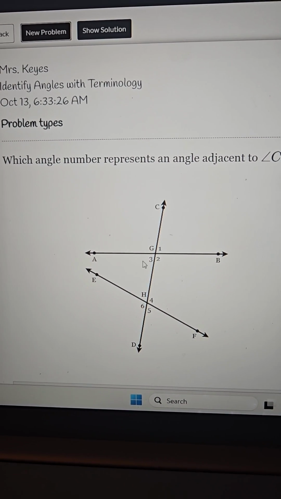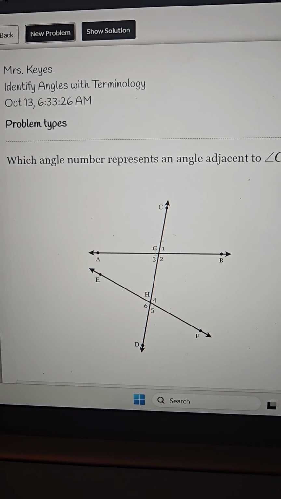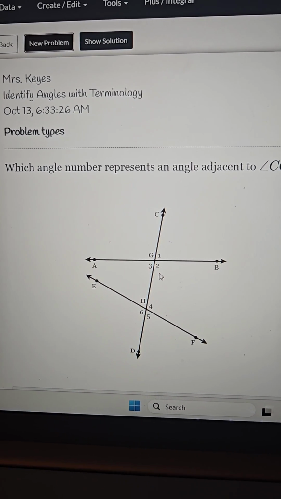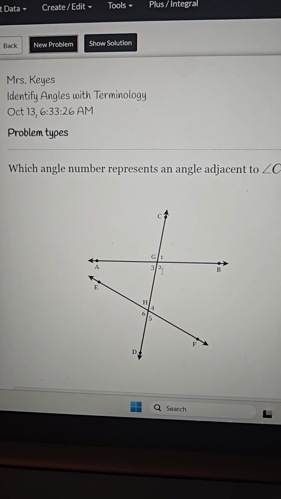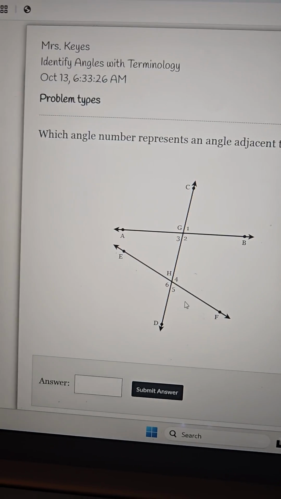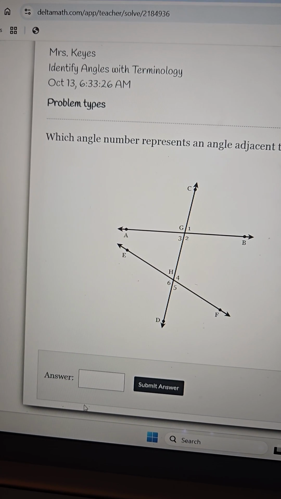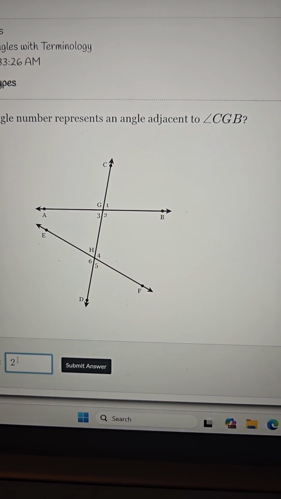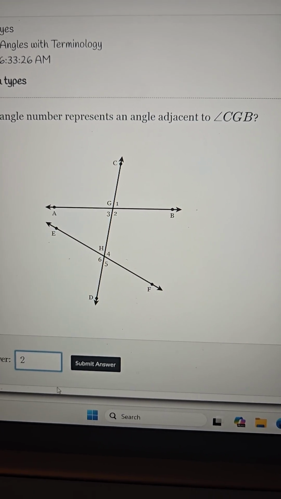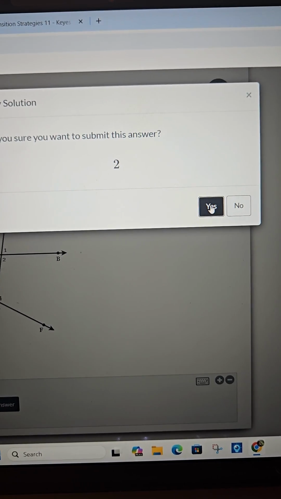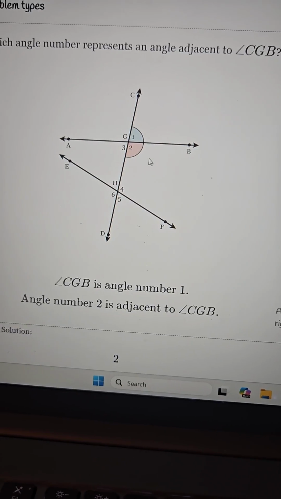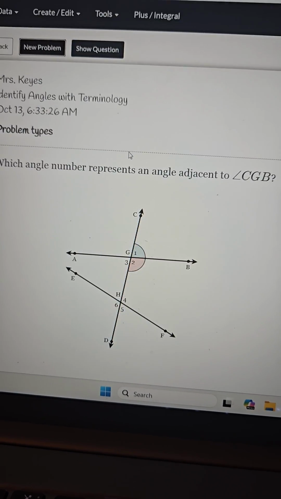So out of the available numbers that were given, I mean, technically where G is would be an adjacent angle, but it doesn't have a number there for us to choose. So the only number we can choose is 2. Submit answer. All right. And then that explains it.